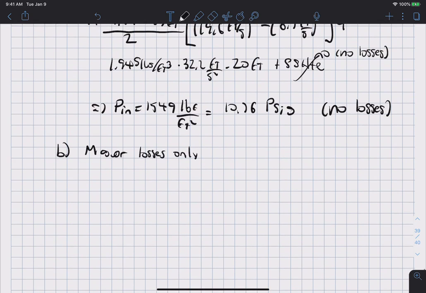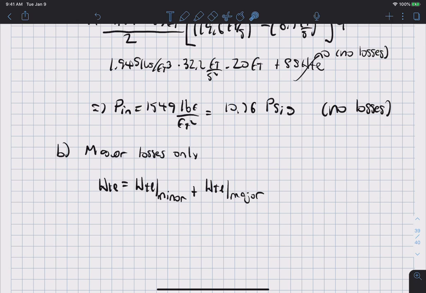Remember that the total head loss is equal to the minor head losses plus the major head losses. The major head losses are due to fluid friction along the walls of the pipes themselves, and the minor losses are due to losses through the various components, such as the elbows and valves and things like that that are in the system.